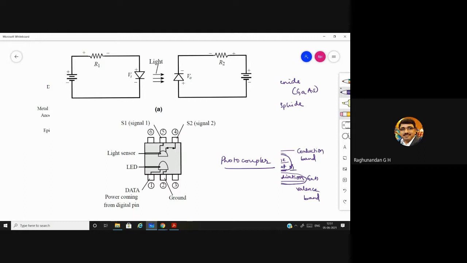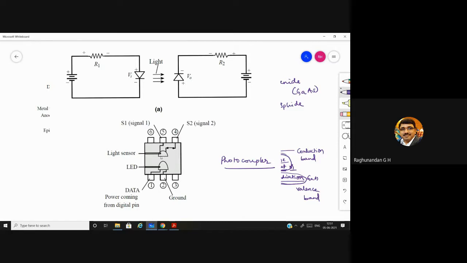So the incoming data, incoming information, will be converted into light energy, and it will be transmitted to the light sensor. The light sensor is going to absorb this light energy, and it is going to convert it into an electrical signal.